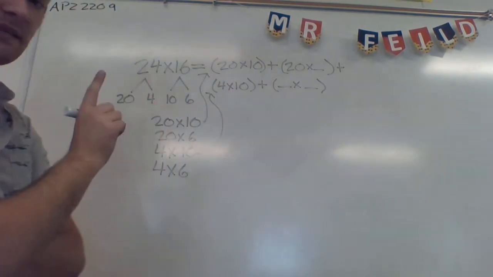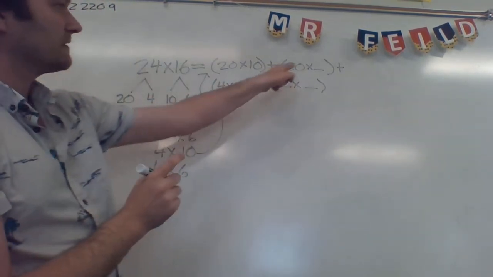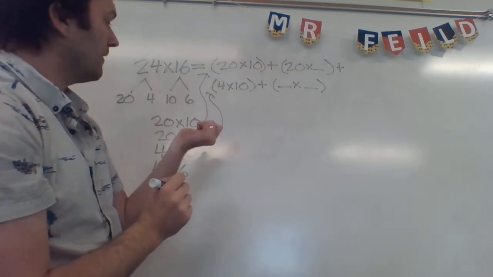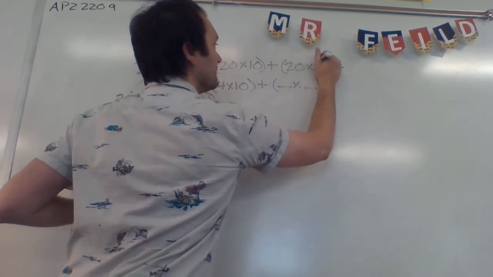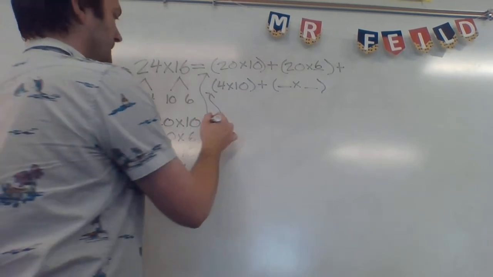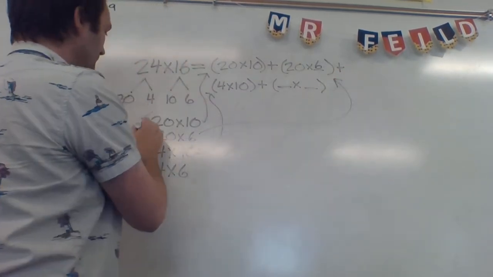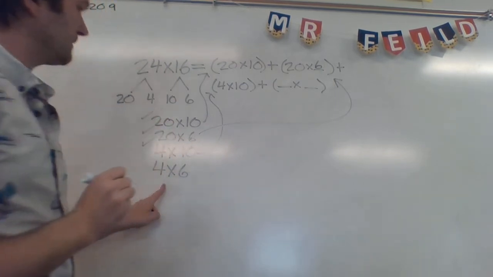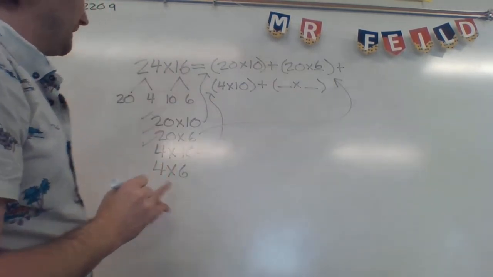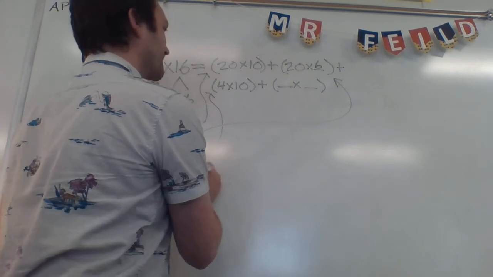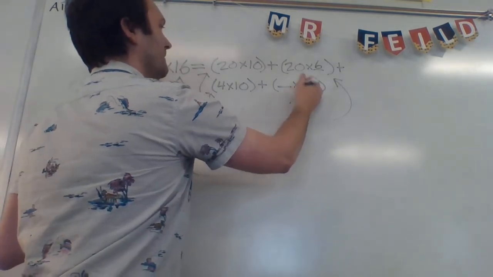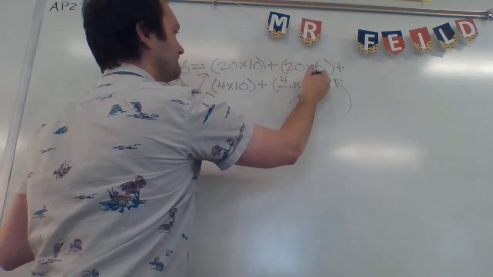Now I don't have 20 times 6 yet, but I do have a 20 times blank. So I can put a 6 in here. 20 times 6 goes right there. So I've used this equation, this equation, this equation. And I know without a doubt that this final blank times blank, that's going to be my 4 times 6.